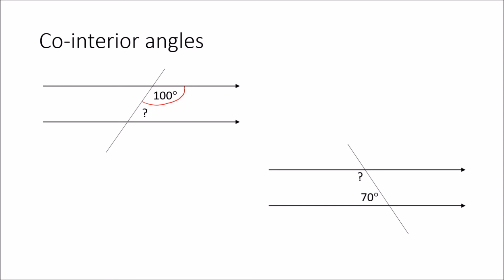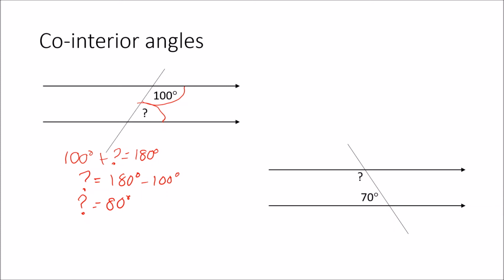So if this angle here is 100 degrees, we can work out what this angle is here, because we know that 100 degrees plus our question mark gives us 180 degrees. So we know that question mark equals 180 minus 100 degrees. So our question mark is 80 degrees.